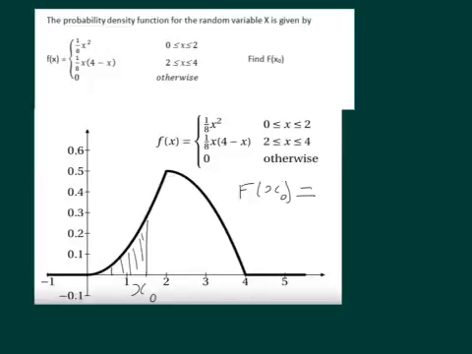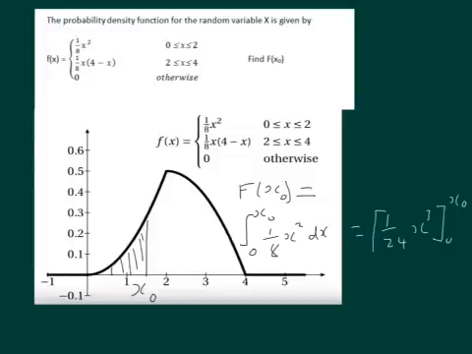So it's going to be an integration from 0 to x naught of 1/8 x squared dx. And that works out to be, if we integrate 1/8 x squared, 1/24 x cubed. That's between 0 and x naught.